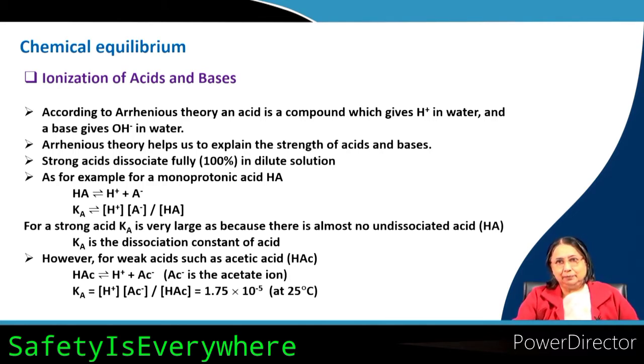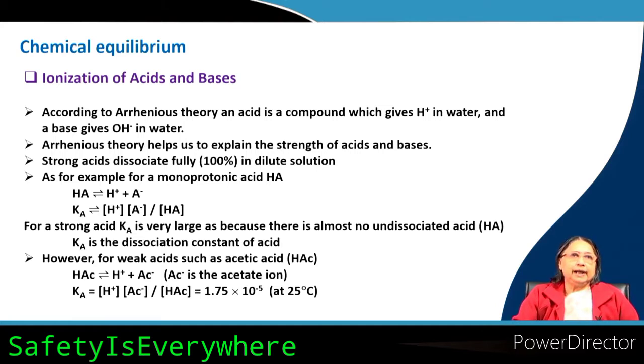and a base gives OH minus ion in water. So, Arrhenius theory helps us to explain the strength of acids and bases. Strong acids, we know that they are fully dissociated, 100% dissociated in dilute solution.